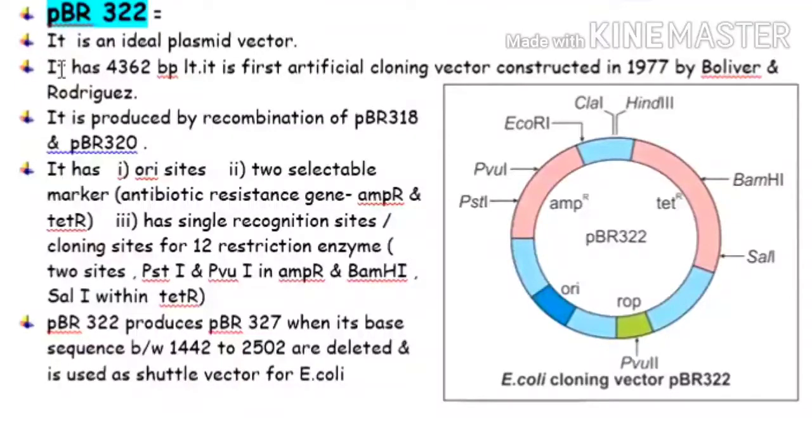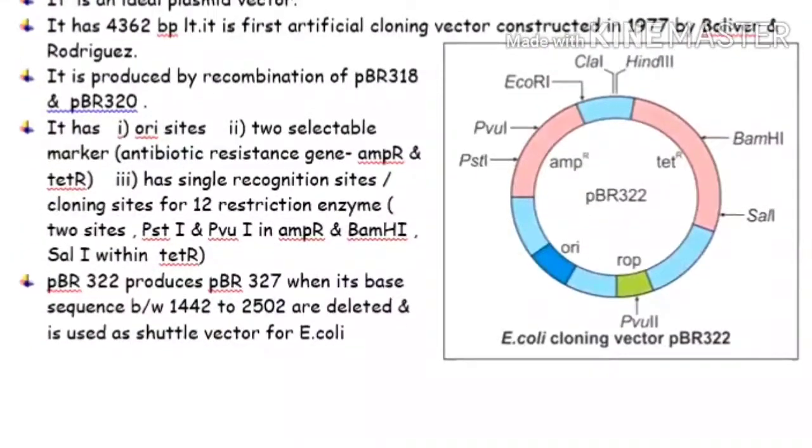This theory is given here. It has 4362 base pairs, and this is the first artificial cloning vector they prepared. Now class, after my explanation, I'll provide a link in the description box. You can download this PDF and learn it thoroughly also.